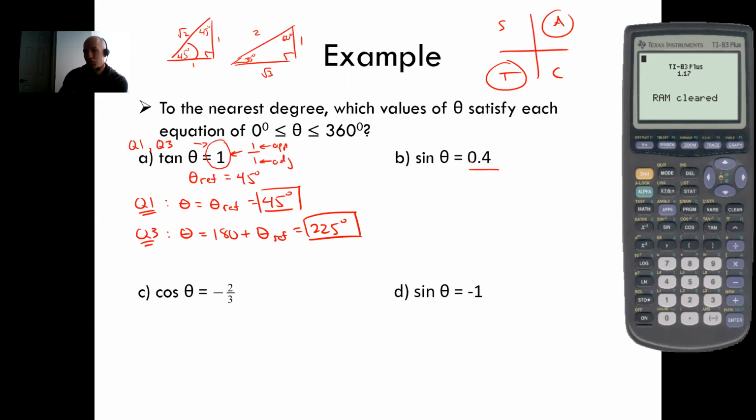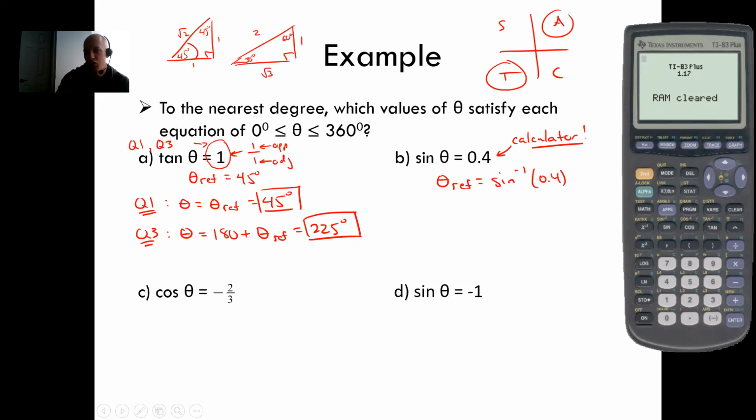For B, sine theta equals 0.4. Is this a special triangle ratio? There's nothing that has like a 0.4 or a 4 over 10. So this is not special. This is a calculator requiring question. So we must use the calculator here. What we're going to do is solve for the reference angle by going inverse sine of 0.4.